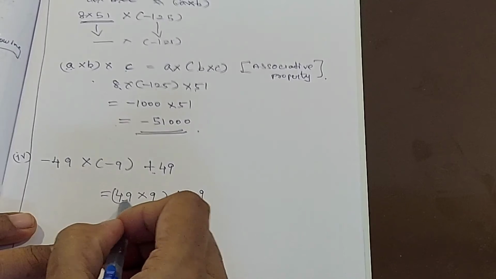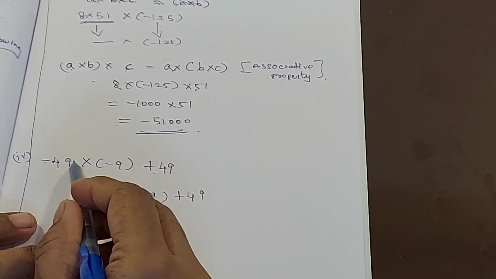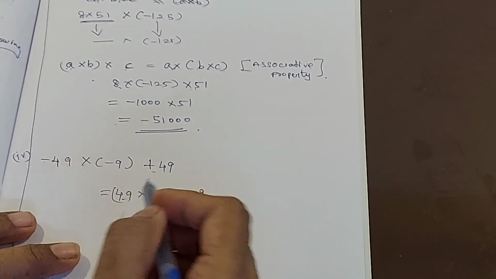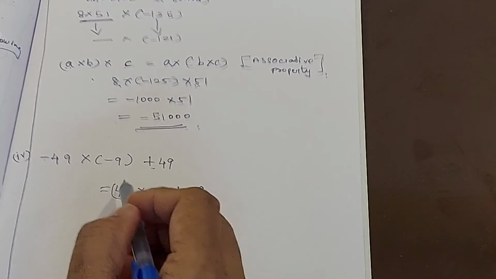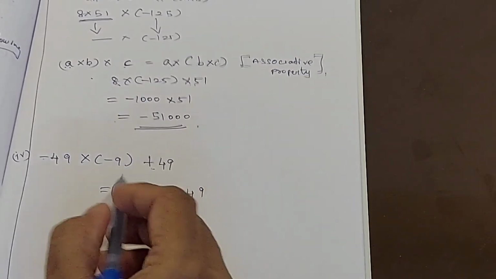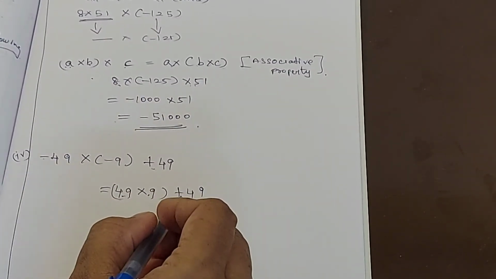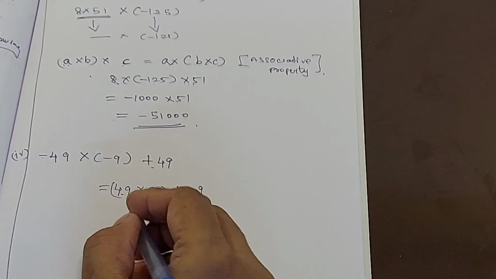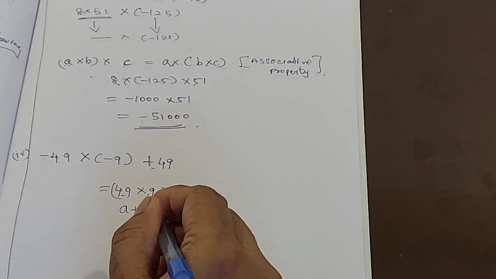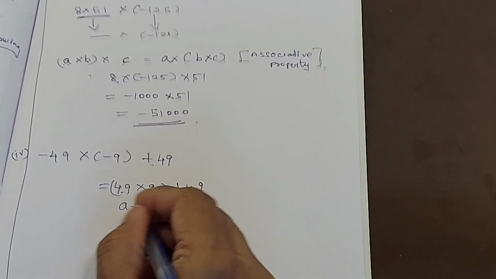Why am I writing this 49 into 9? See, both the terms are in negative sign, so automatically the negative sign will get cancelled and I will get it in positive sign. So 49 into 9 plus 49, which is in the form of A cross B plus C, right?